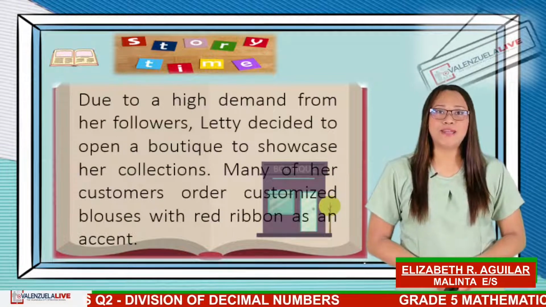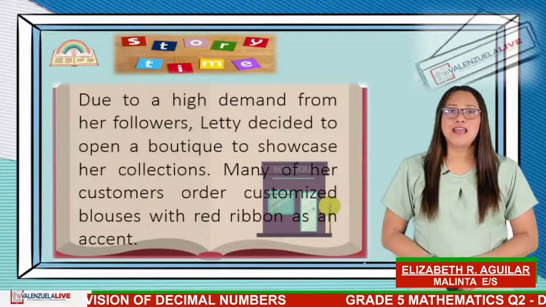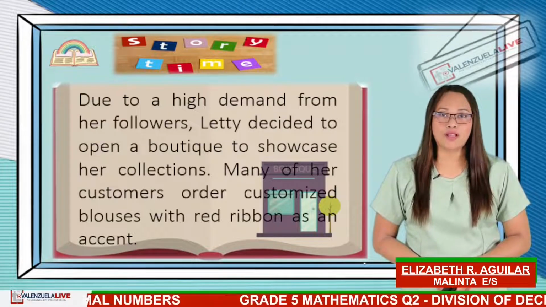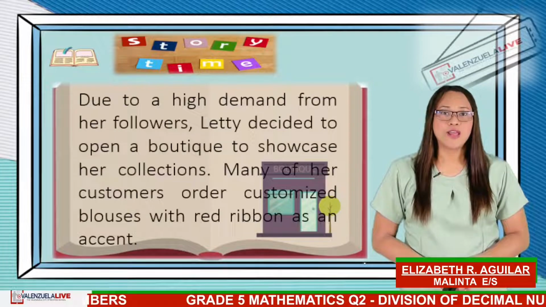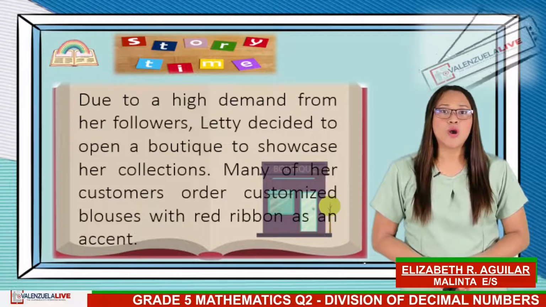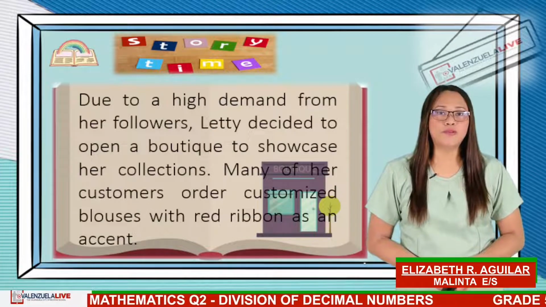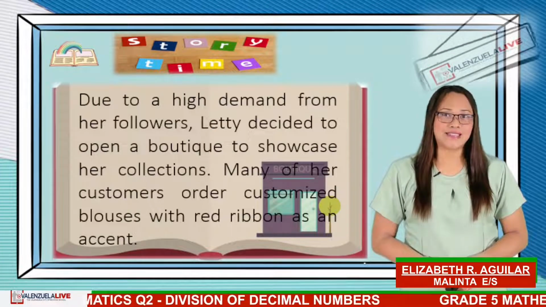Due to the high demand from her followers, Letty decided to open a boutique to showcase her collections. Many of her customers order customized blouses with red ribbons as an accent.